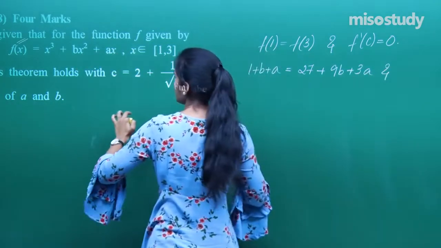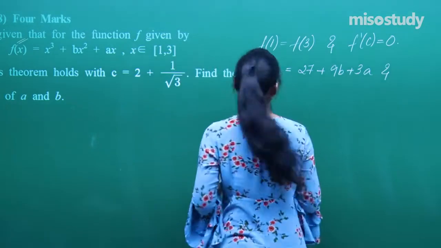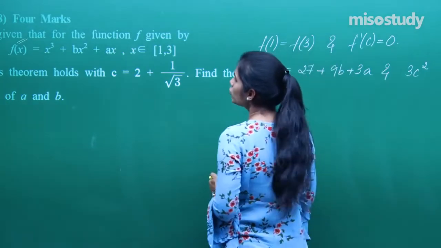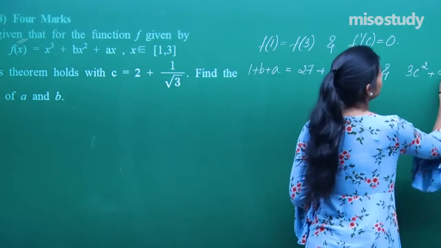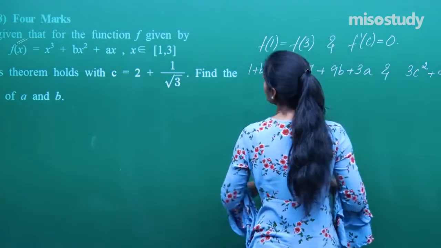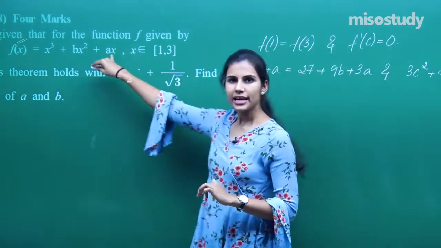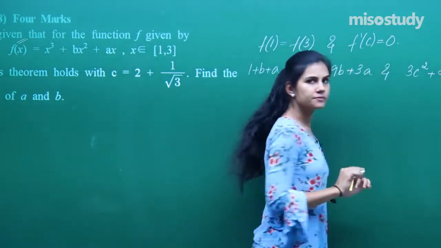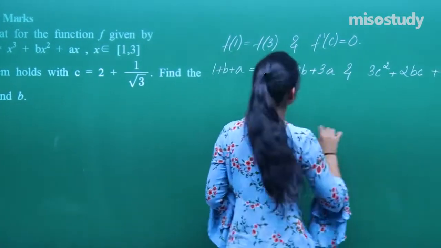f dash c, what is f dash x? It is 3x square plus 2bx plus a, what is the differentiation of ax? It is just a. Fine.